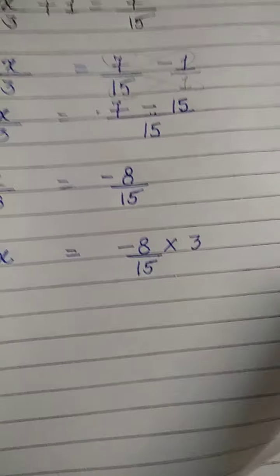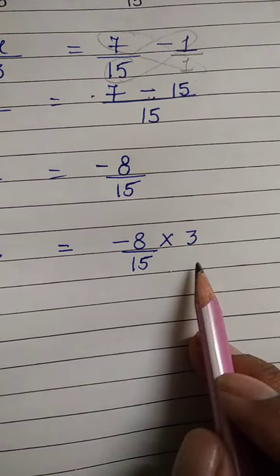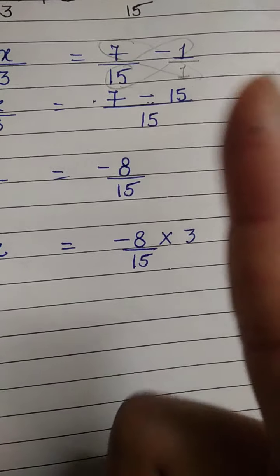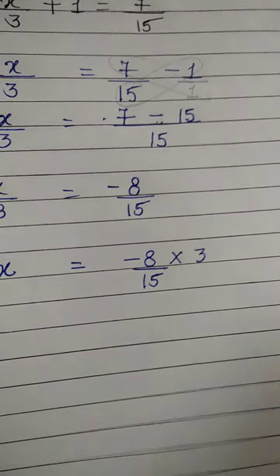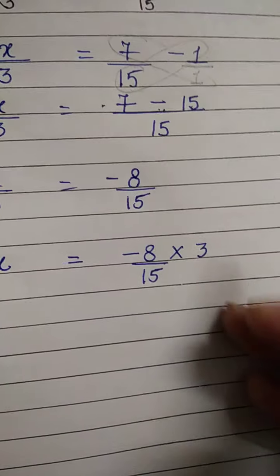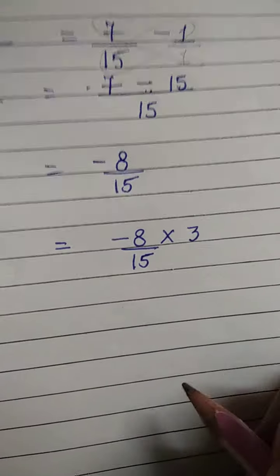When the multiplication symbol comes with any number, with any operation, it is considered as one term only. So the upper side cuts with the lower side, and the lower side cuts with the upper side.